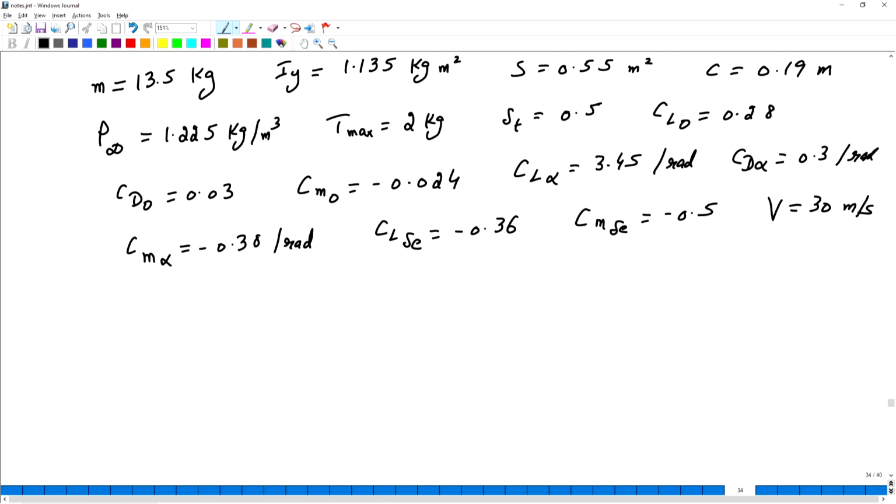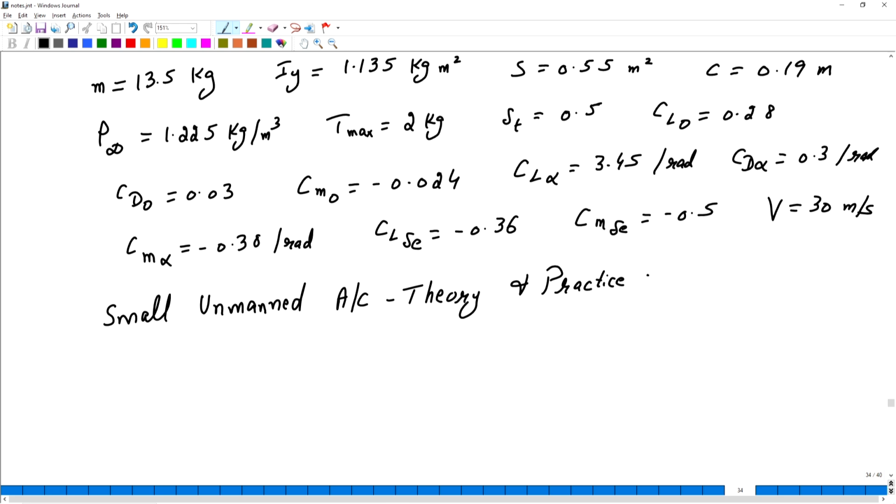So this aircraft data, UAV data, I have considered from a beautiful book named Small Unmanned Aircraft: Theory and Practice by Randall Beard and Timothy McLain.